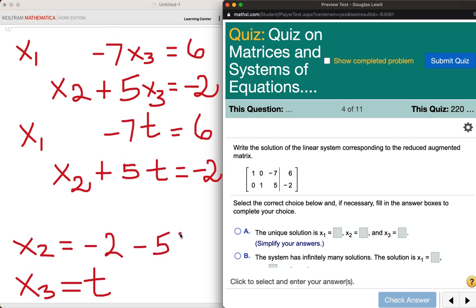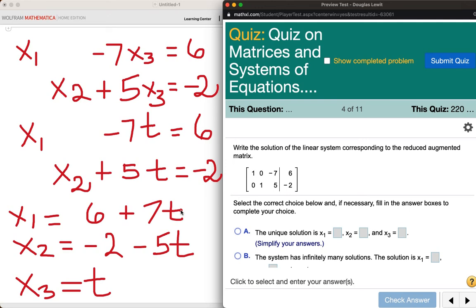And then x1 is equal to 6 plus 7t. Because t could be any number, you don't know what t is.